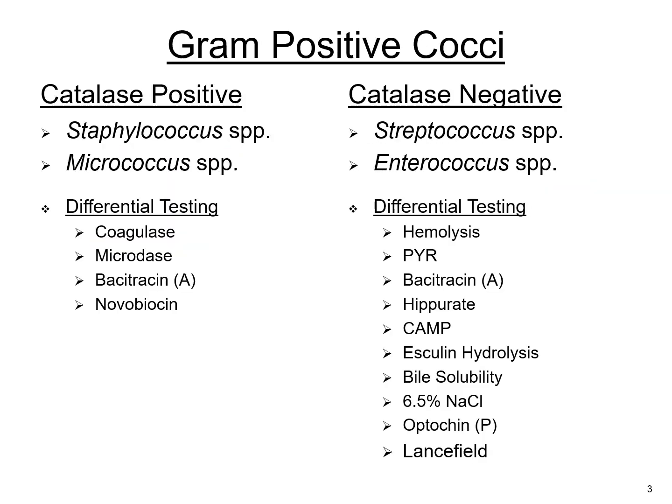So again, our gram-positive organisms are divided into gram-positive cocci and bacilli. So first we're going to look at the gram-positive cocci. Our first test would be our catalase test. Once we determine if it's positive or negative, then from there we would determine what test we would do for each.